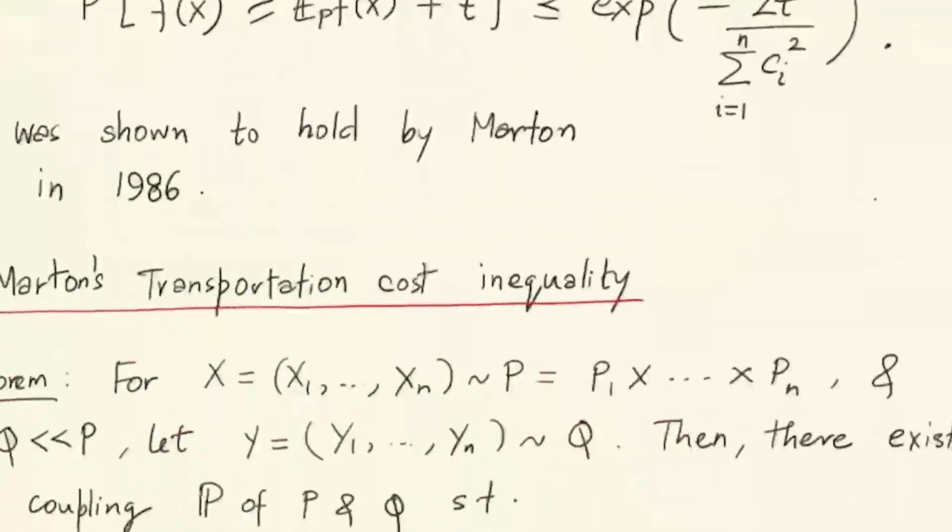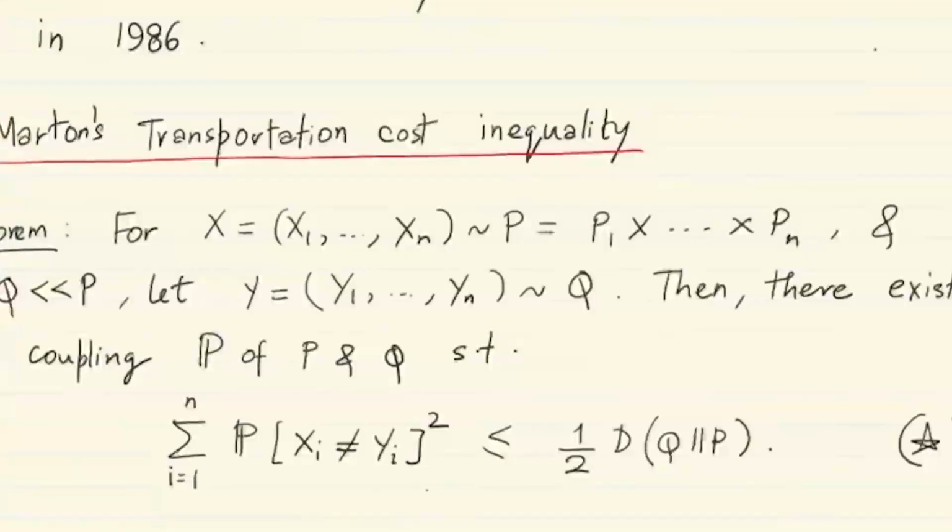So let's go ahead and study Marton's transportation cost inequality, which is the last piece remaining in this exercise to successfully derive McDiarmid's bounded differences inequality.